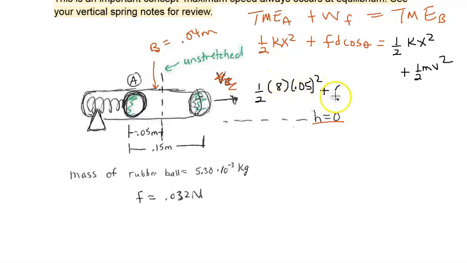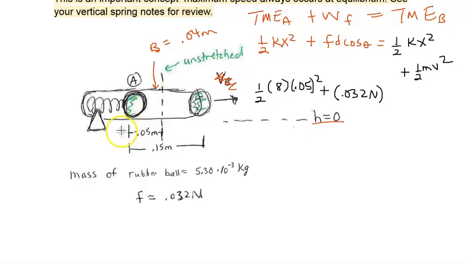They gave you friction. We don't have to go to the miscellaneous column to find it. That's friction. The distance it traveled, this is tricky. It started at 0.05.